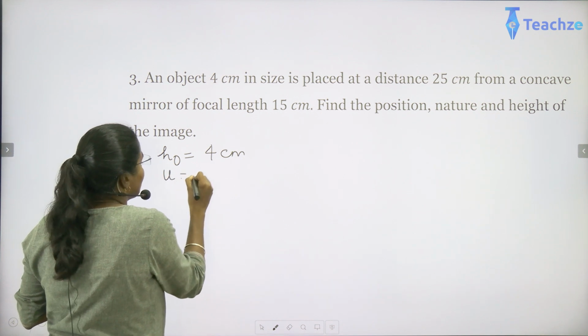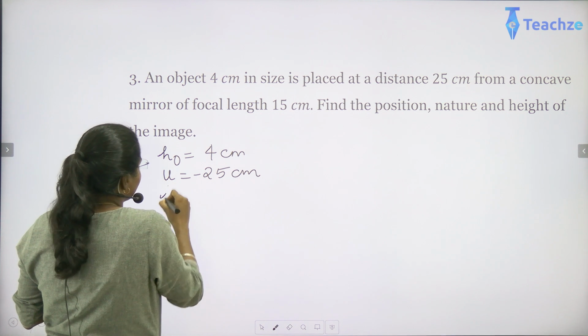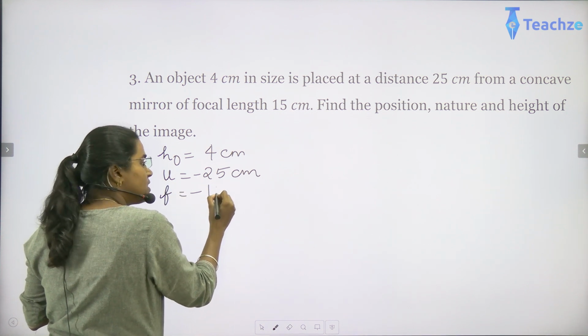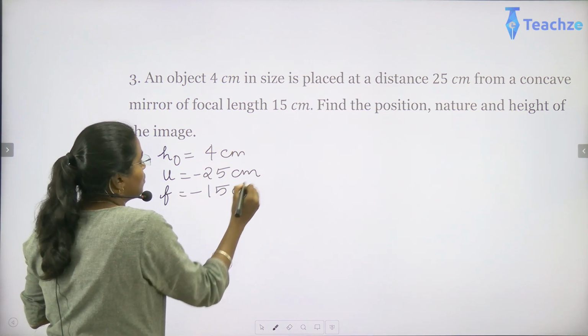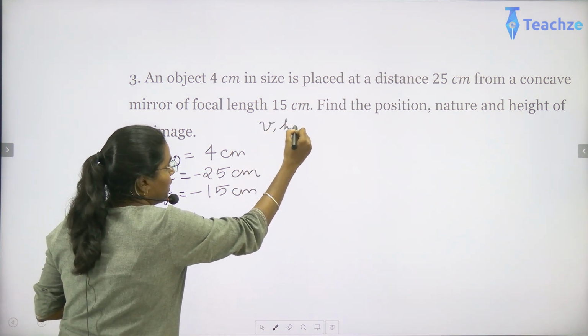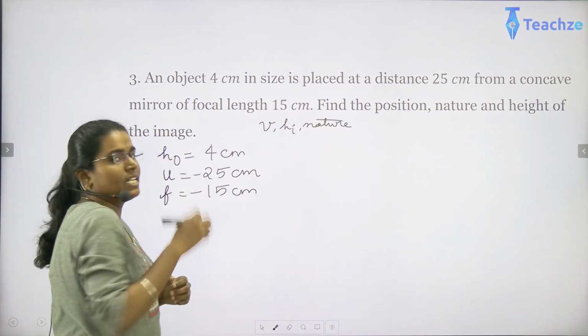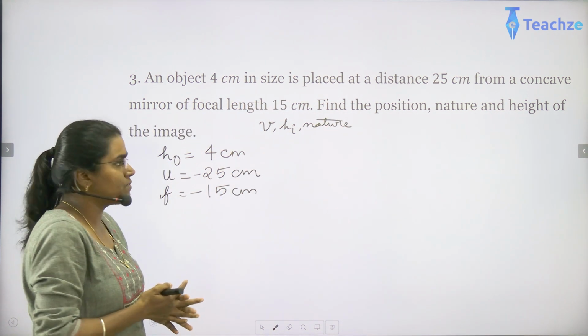So u is equal to minus 25 centimeter. Your f is minus 15 centimeter. Good. So we have to find v and HI and then the nature, whether it is real, diminished, all those things we have to find out.